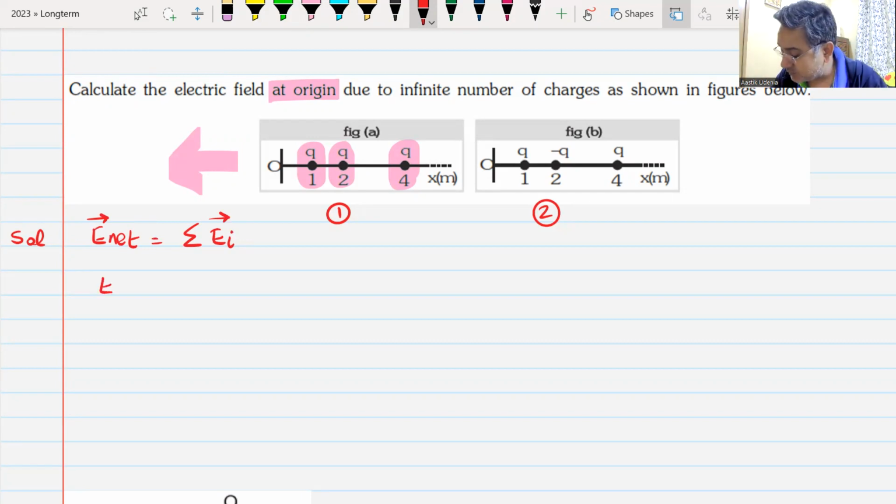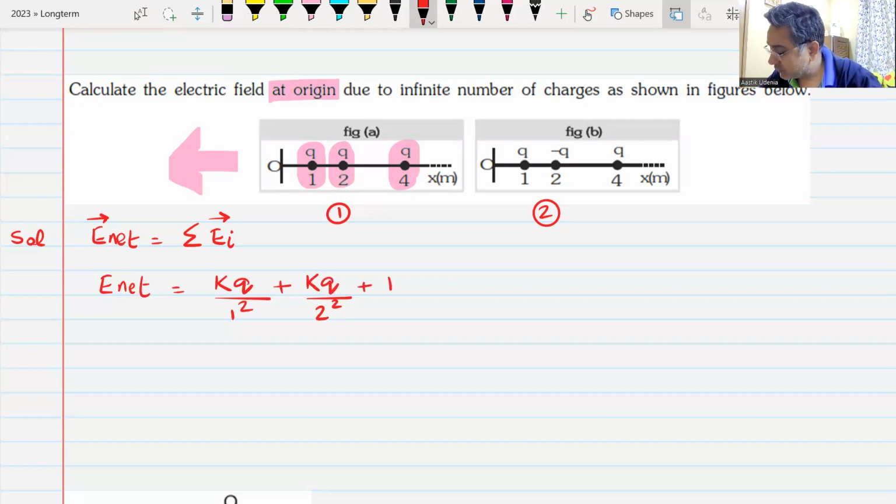So if I talk about magnitude, then the magnitude will be kQ by 1 square plus kQ by 2 square plus kQ by 4 square and so on.